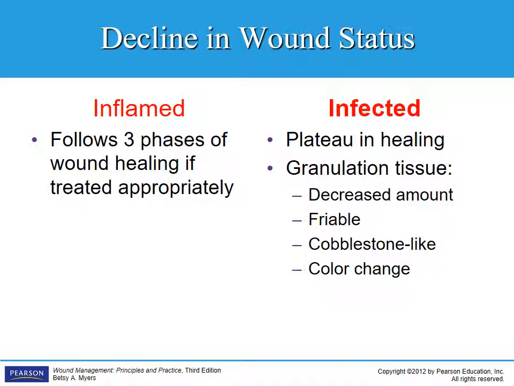It's friable, which means that the granulation tissue is very, very fragile and it's easily wiped from the wound, so that you see a loss of granulation tissue. When it says here cobblestone-like, meaning it's not a strong matrix of granulation tissue, and the color does change and it becomes very much more pale. It's not the beefy red that we've talked about with normal healthy wound healing.